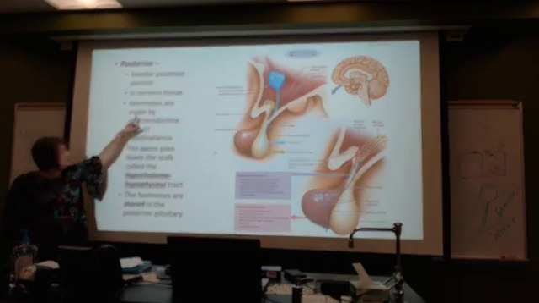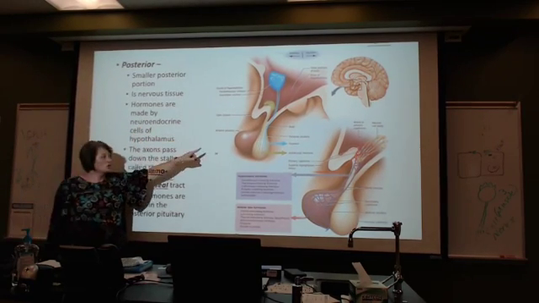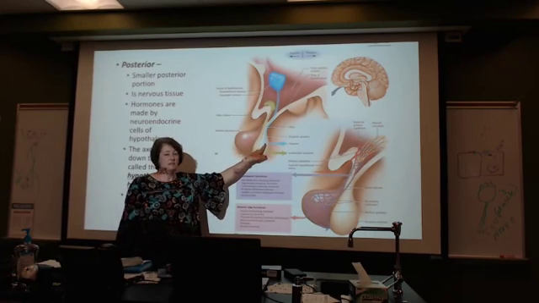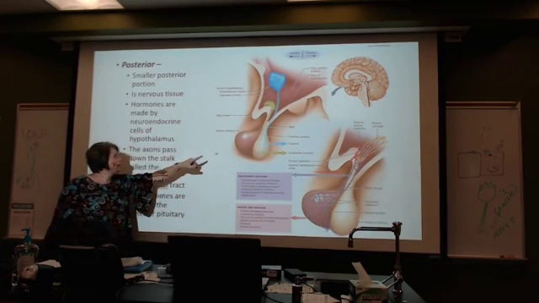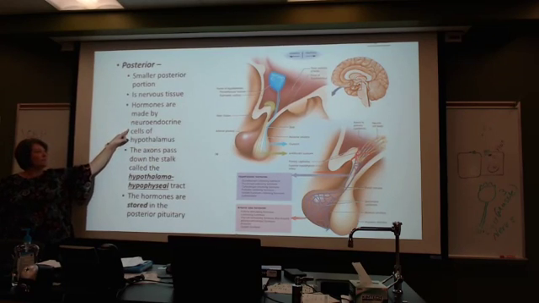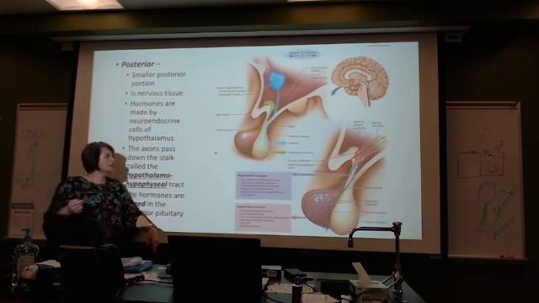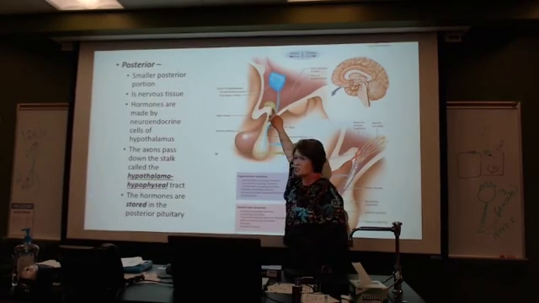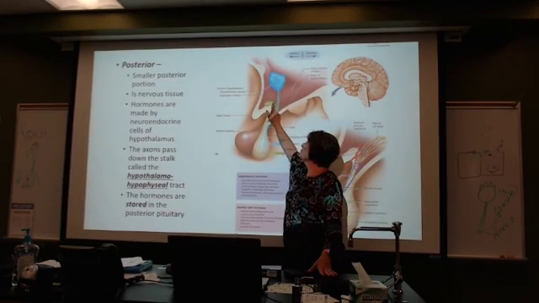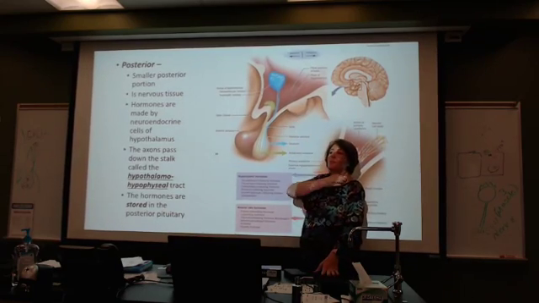So, when we look at this, the hormones that are going to be in this posterior pituitary get made by what we call the neuroendocrine cells, because we're going to have the connections to these areas in the hypothalamus.